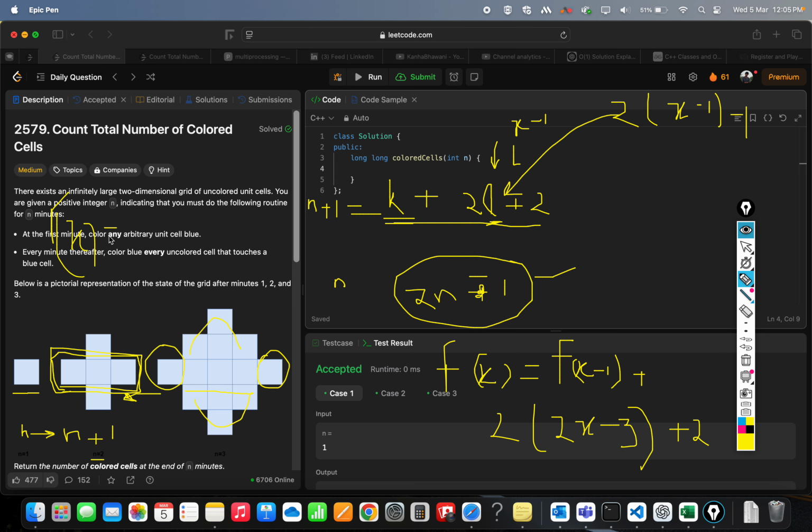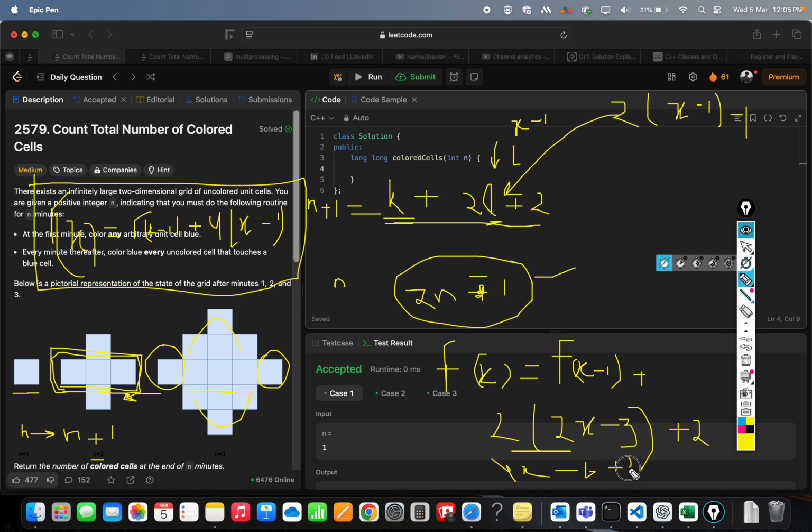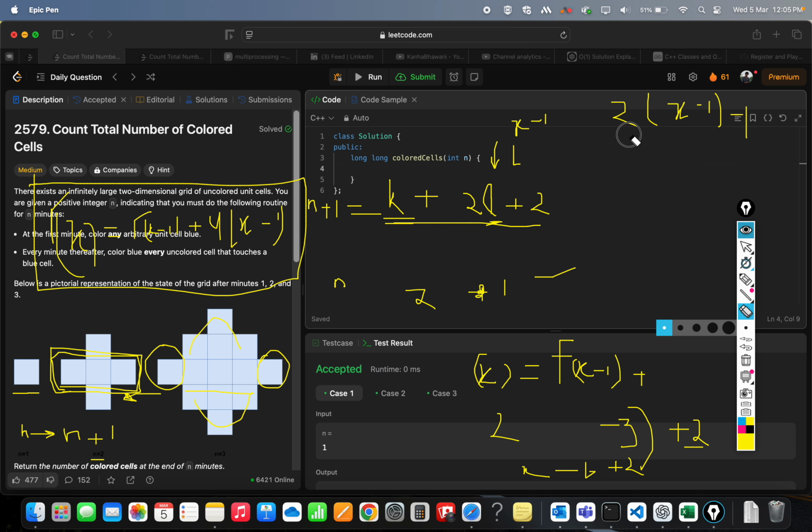So let me write it here. This is 2x into 2x, and 2x into 3 minus 6 plus 2, right? So this is 4x minus 4, so 4 times x minus 1, right? So let me write the formula here directly.